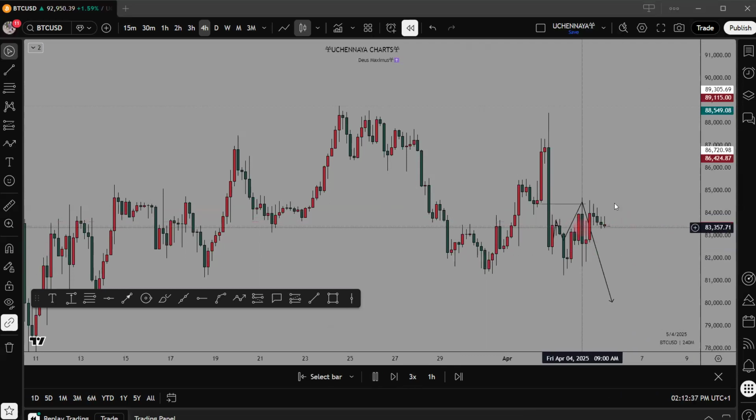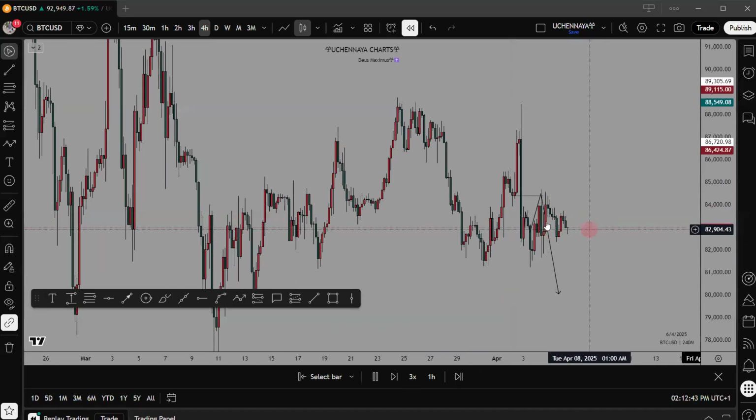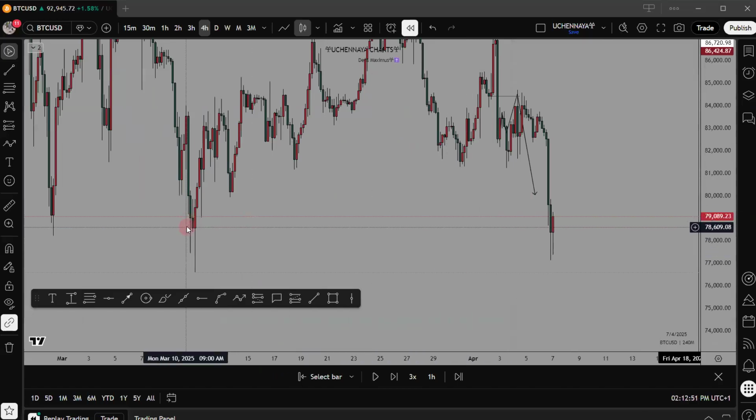It took a hell of a lot of ranging around there, but eventually it dropped. I think this actually ranged for days before it dropped. But when it dropped, it was massive. You pay yourself here. It's that simple. Pay yourself here.